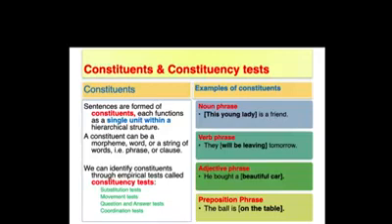Constituents, as we have seen in the definition, might be a word and might also be a string of words. If we look at the first sentence, "this young lady is a friend", we can say that "this young lady" is a noun phrase, and the whole noun phrase constitutes one unit.